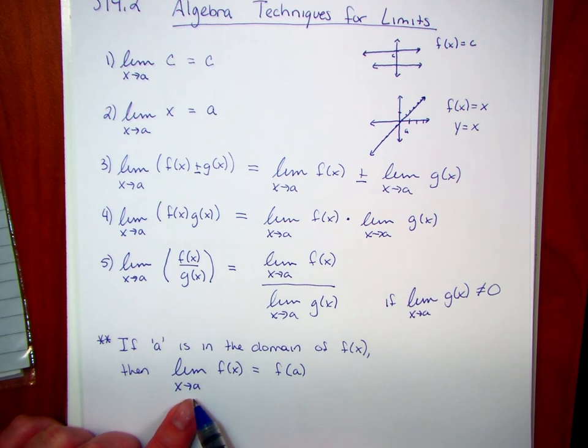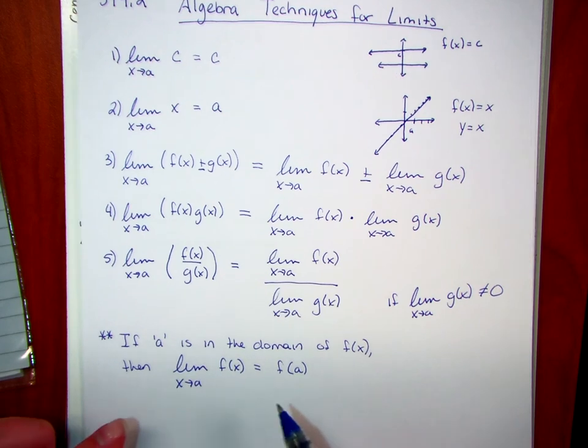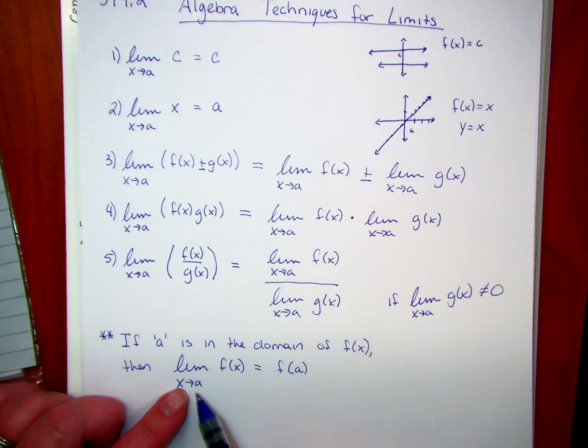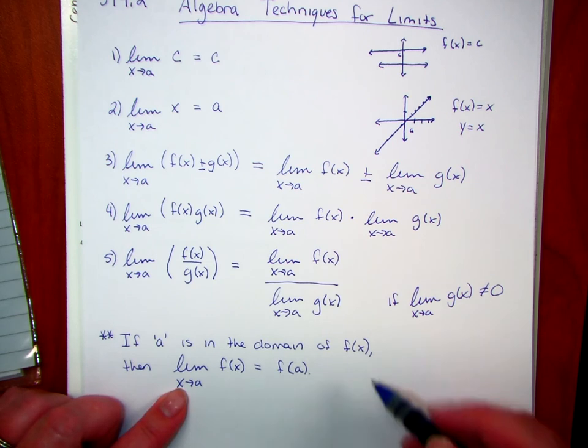Now, we're still technically supposed to not let x equal a, and it looks like we're letting x equal a. But if a is in the domain, when we get close to a on the right and when we get close to a on the left, those function values are going to approach f of a regardless. So this is us evaluating the limit of a function that doesn't have a hole.